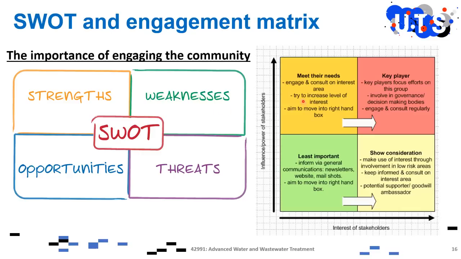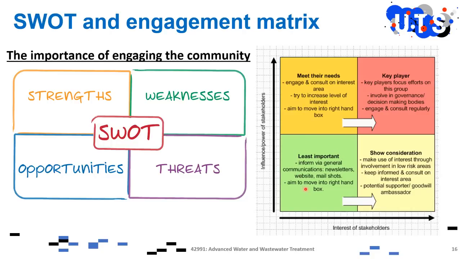And besides that, we can also do an engagement matrix. An engagement matrix is basically trying to put into a matrix the different types of stakeholders that you are going to deal with. Those stakeholders that are not too important, for example, just spectators, don't need much of your effort.